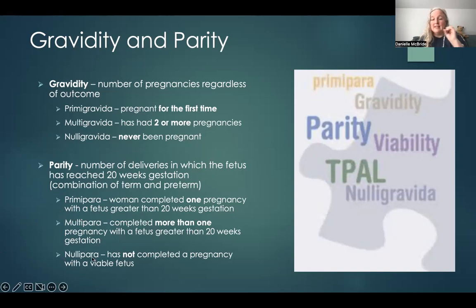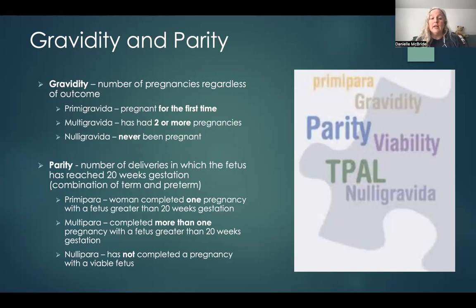A nullipara has not ever completed a pregnancy. So you can have a patient who's a multigravida nullipara, because maybe she's been pregnant multiple times, but she's not completed a pregnancy with a viable fetus. Maybe she unfortunately keeps having spontaneous abortions.